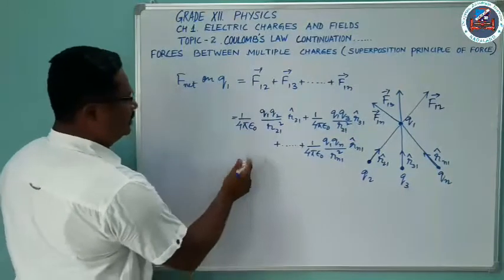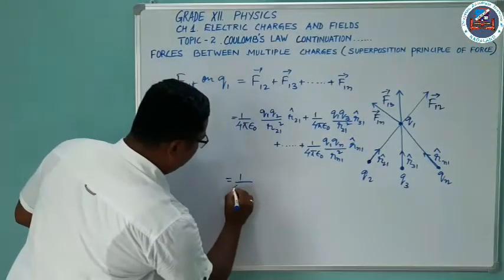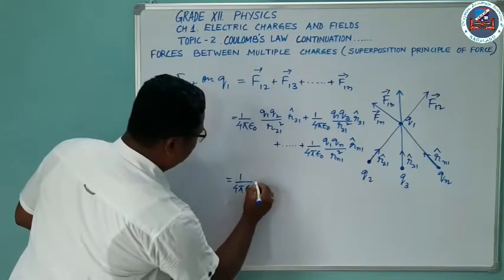Everywhere you can see the constant term 1 by 4 pi epsilon naught.